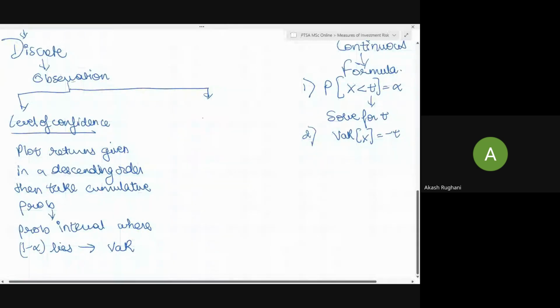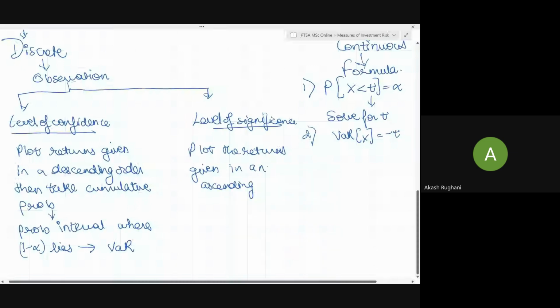If I use the level of significance approach, I will plot the returns given in an ascending order, and then take cumulative probability.